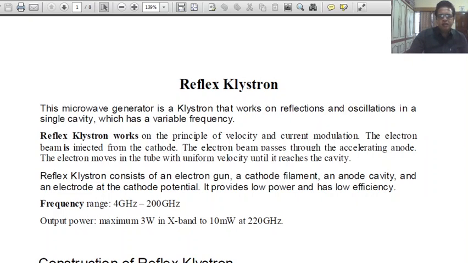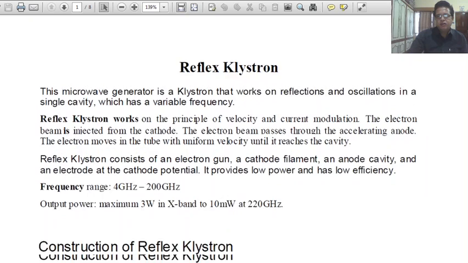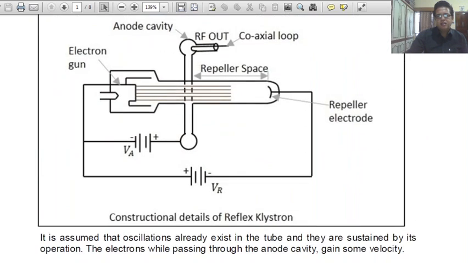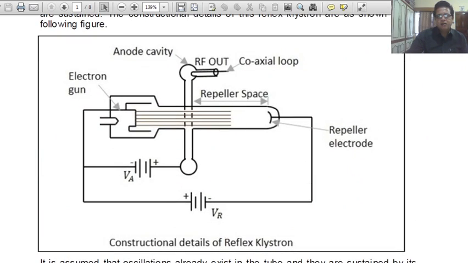You can easily understand it from this figure. Initially, I will just explain the outline of this figure. This is the cathode.